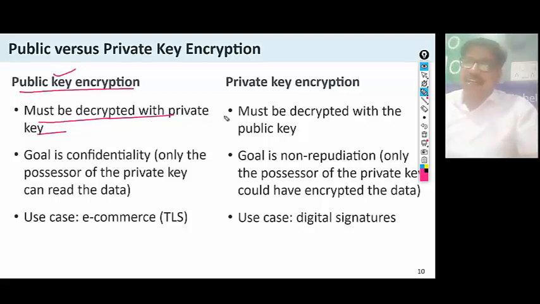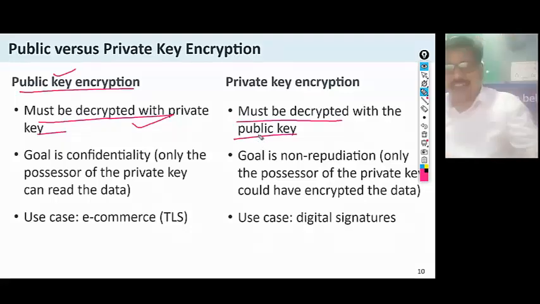And if the data is encrypted by the private key, it will be decrypted by the public key. If the data is encrypted by the public key, it will be decrypted by the private key.